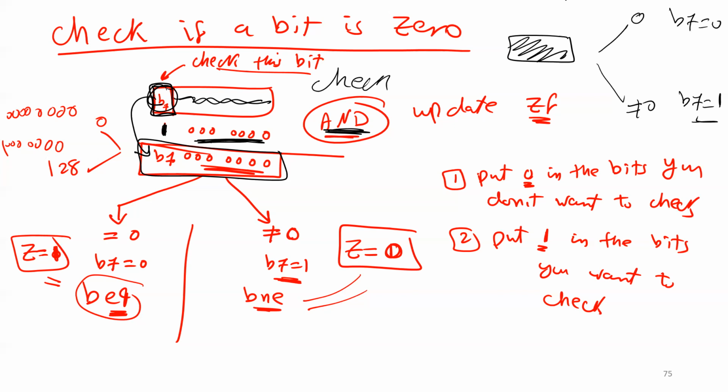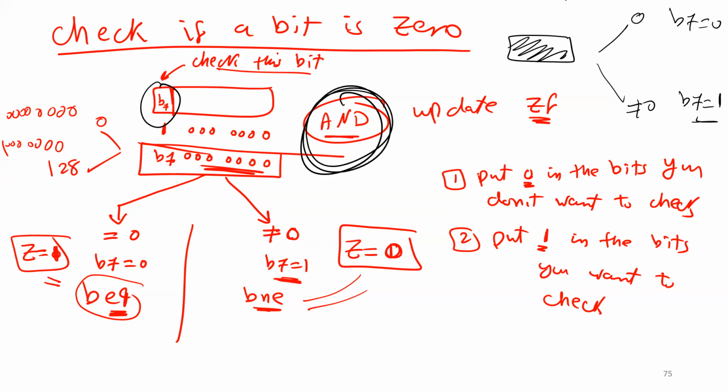So that's exactly what I'm going to do, guys. Look at the logic. Number 1, if I want to check this bit, I have to do the AND operation. After I do the AND operation, I can compare this byte to 0. If this one is equal to 0, that means the bit was 0. If this byte is not equal to 0, that means this bit is not 0, it is 1.